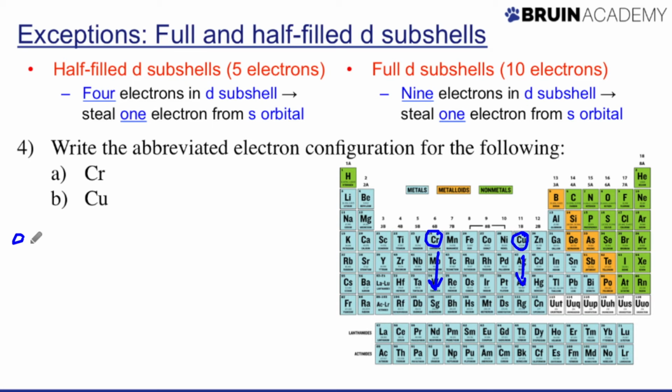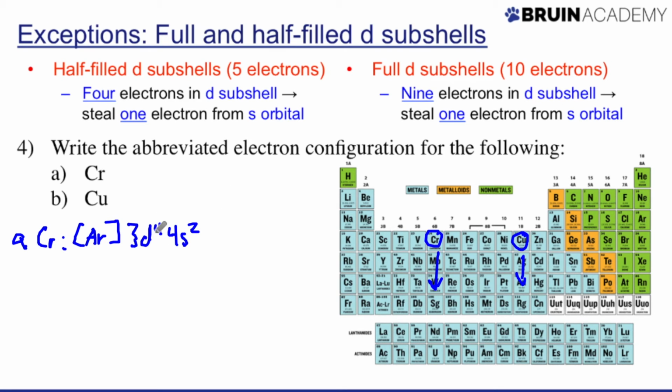For chromium, if you didn't know the rule, you might write argon, and then you write the 3d first, so 3d4 and then 4s2. But what's going to happen here?